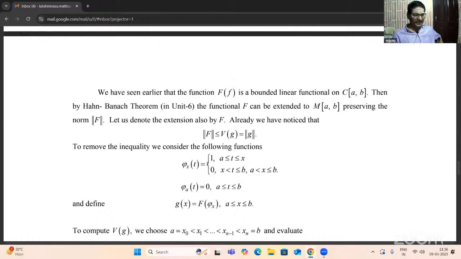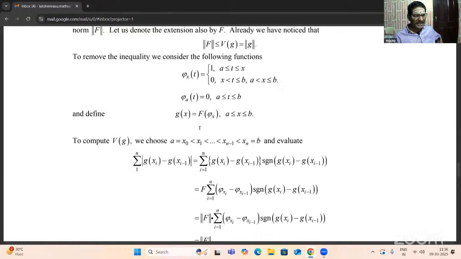So that is psi of x, t. We are taking the integral value 1. And for the other integral, t lies in the semi-closed interval x to b, that value is 0. So psi at a of t equal to 0 if t lies between a and b. So g of x equal to capital F of psi x. Here x is in the closed interval ab.